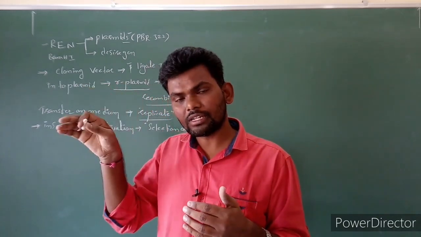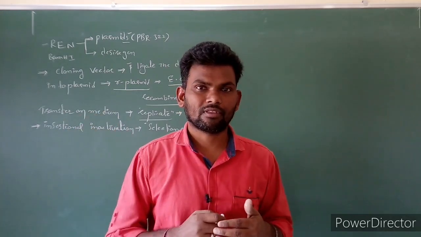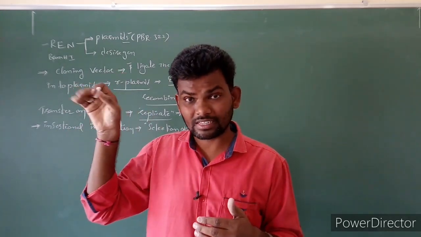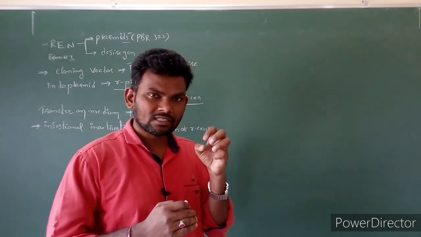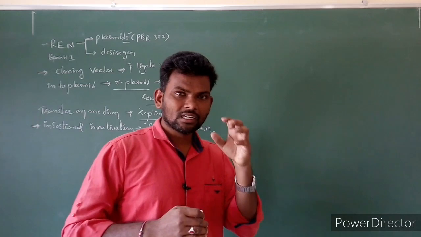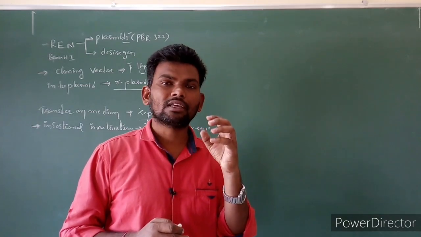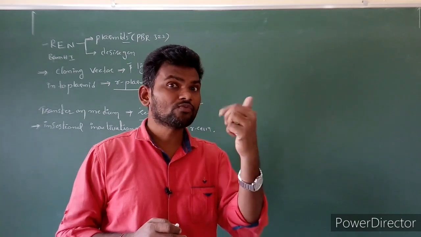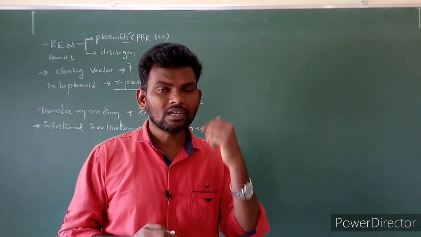Now these tumor cells are going to produce some chemicals which are needed by the bacteria. So what we have to focus on here is that this Agrobacterium tumefaciens bacteria has the capacity to transform the cell.